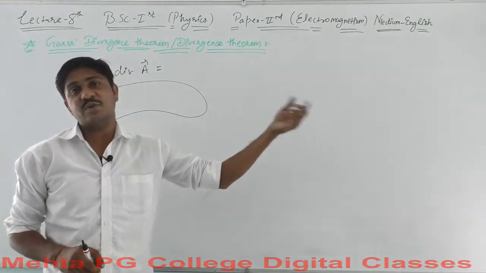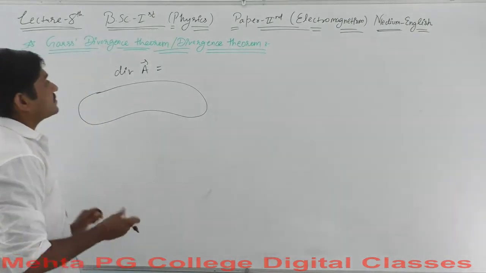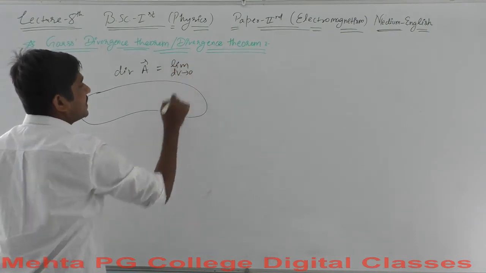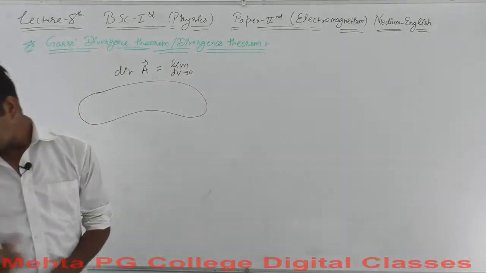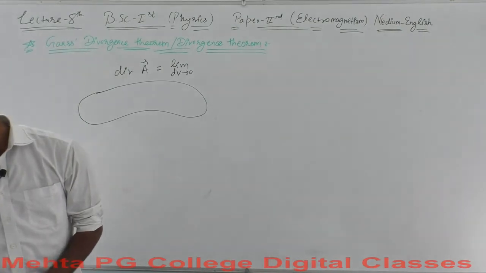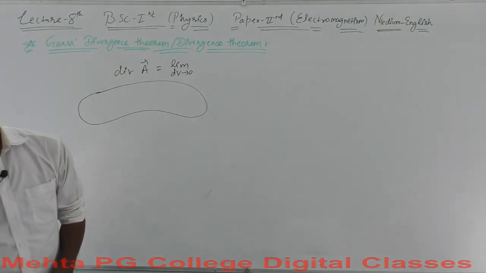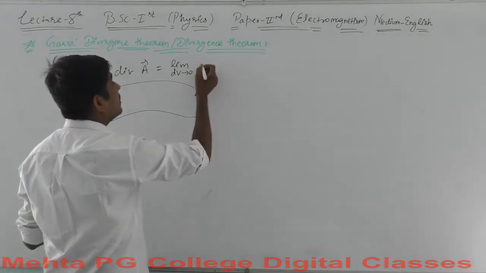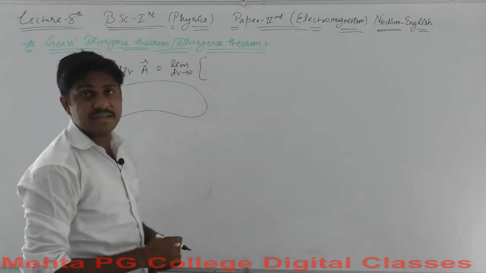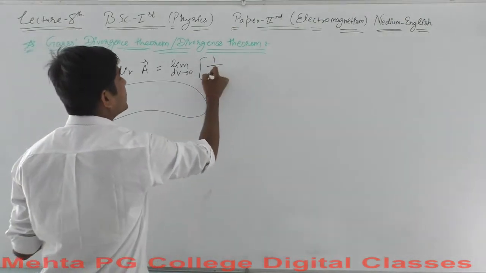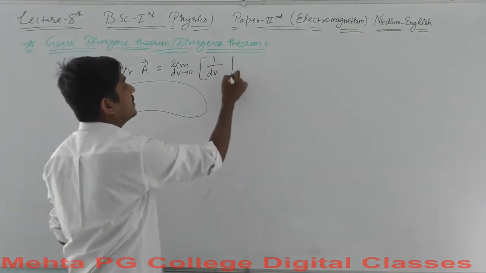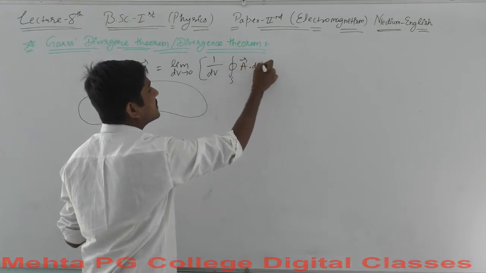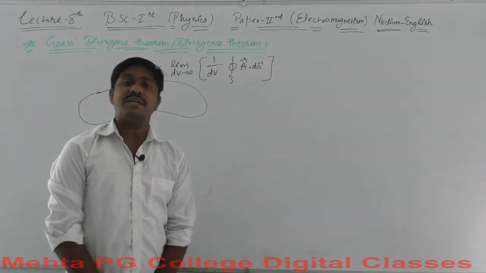Yes, it has been discussed for the per unit volume case. This says the limit dV approaches 0, of 1 over dV times the closed surface integral of A dot dA vector. So this is what was discussed earlier.